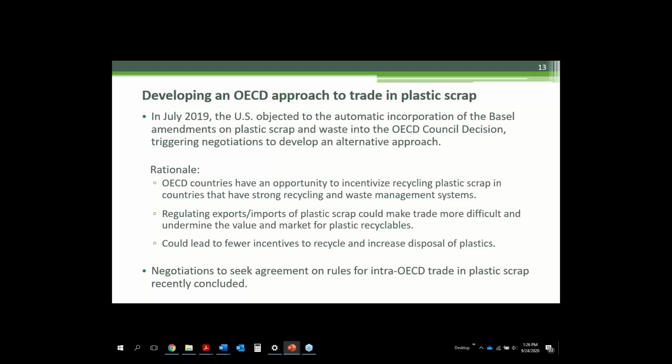However, the US did not think that the plastic scrap waste listing changes in Basel should be incorporated into the OECD. A major reason the waste listing changes were made in Basel is there was some concern that after plastic is recycled, there's always residual waste or residual plastic that can be difficult to recycle, and too often that was getting dumped and ending up in streams, creeks, and rivers, and eventually the ocean.